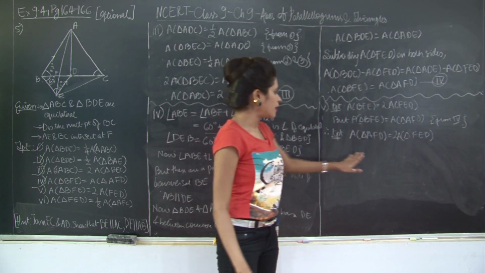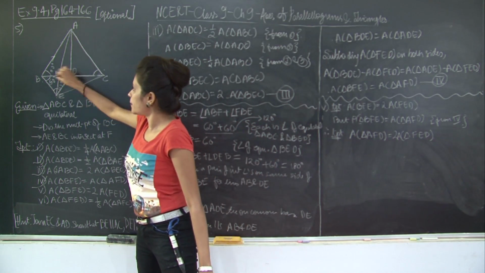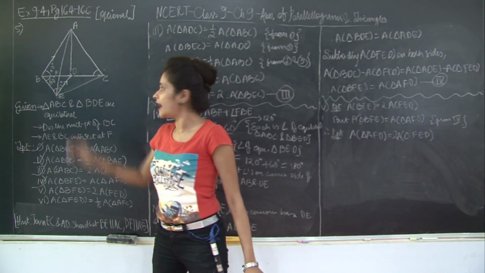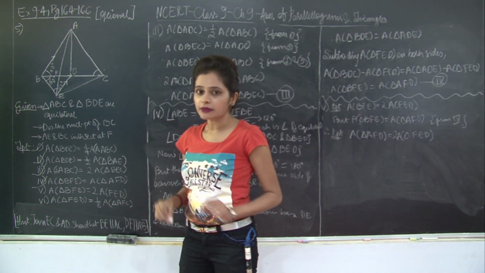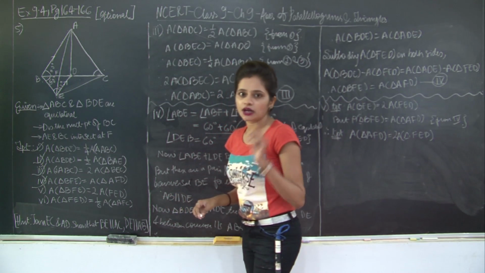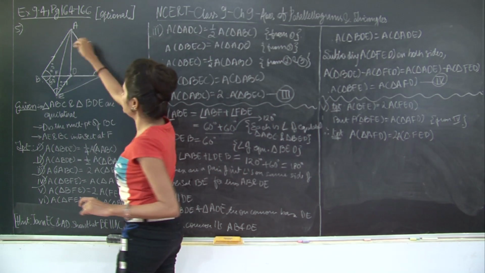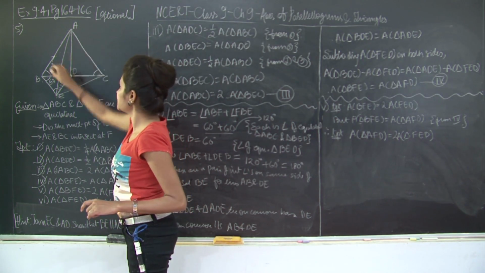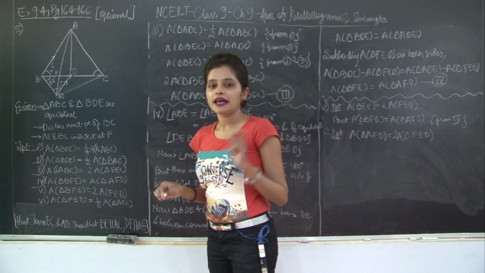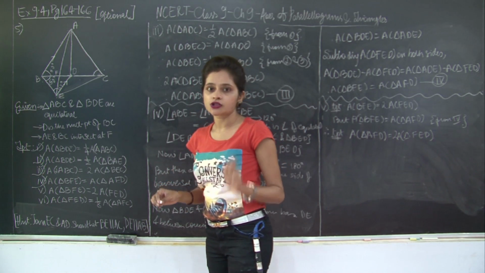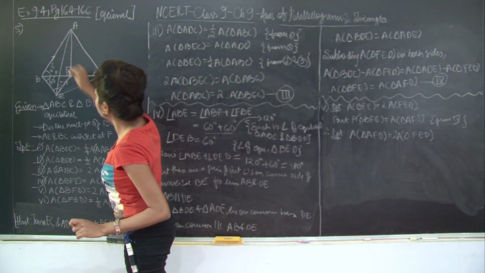So how will we go about writing this proof? If you notice, FED is a part of this triangle BED and AFD is a part of the upper triangle ABC. So I will draw perpendicular heights. D is the midpoint and ABC is an equilateral triangle. What do we know about the median of an equilateral triangle? The median of an equilateral triangle is also the perpendicular on the base. So AD is already 90 degrees.